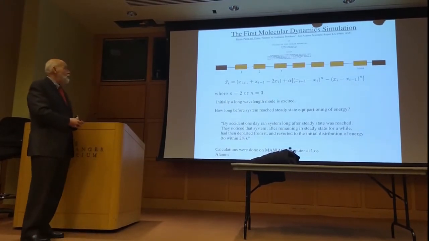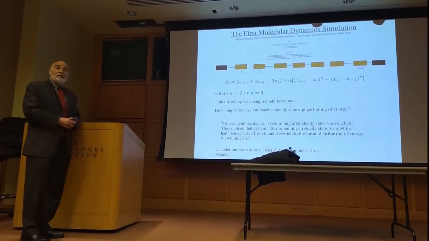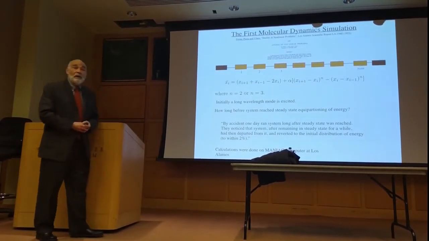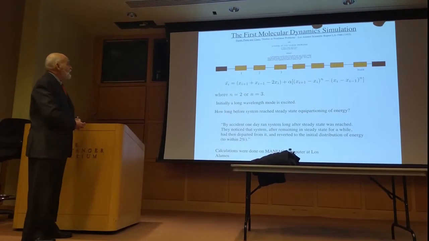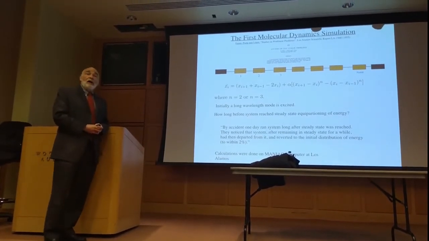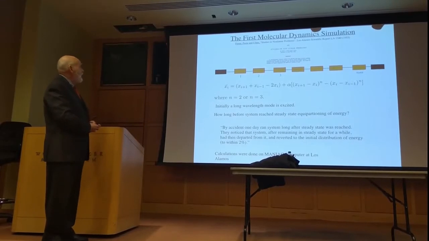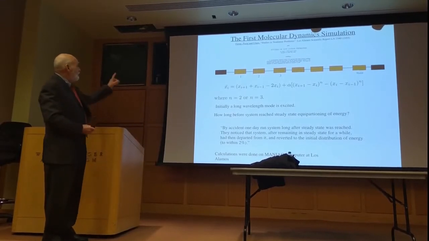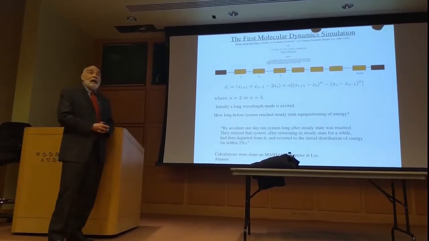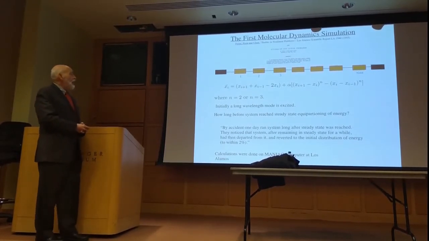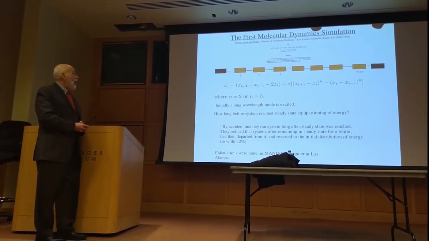He decided to simulate a chain of particles in one dimension. He had 64 particles that could only move along this one dimension, and he fixed the end ones, and then he assumed that the interaction was harmonic between nearest neighbors.